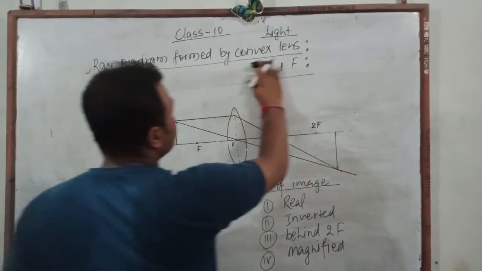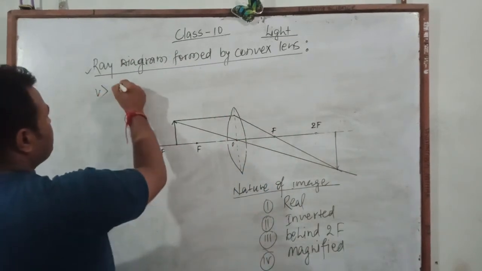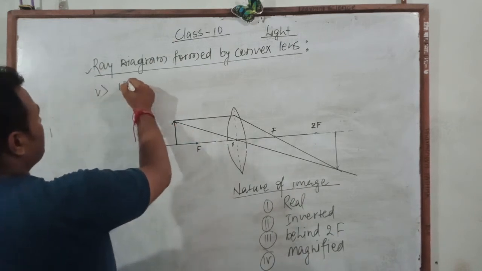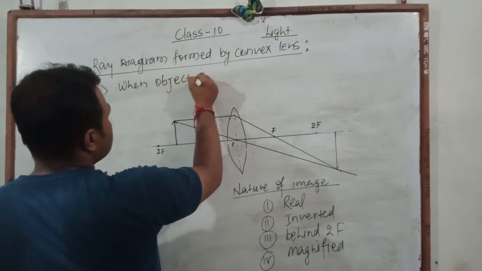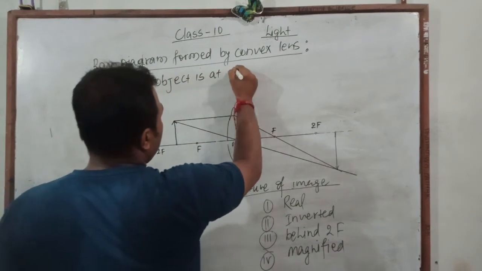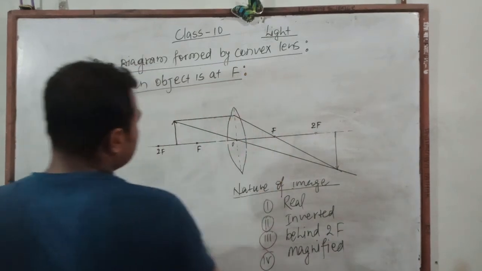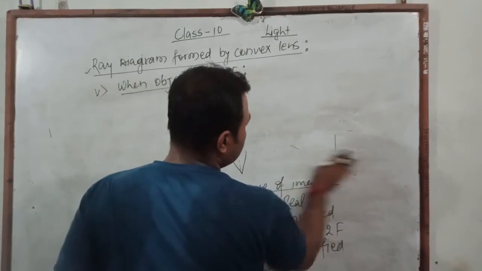Now we consider one more condition, the fifth condition. The object comes more closer, that is, at F. When the object is at F, the object becomes closer than in all the conditions that we described already.